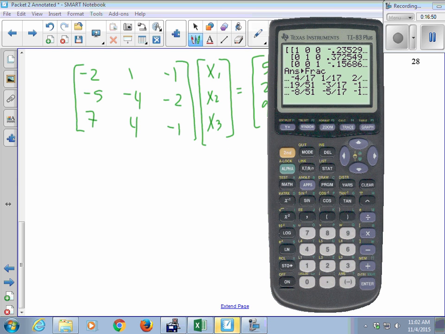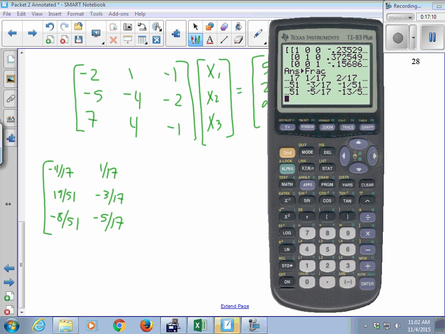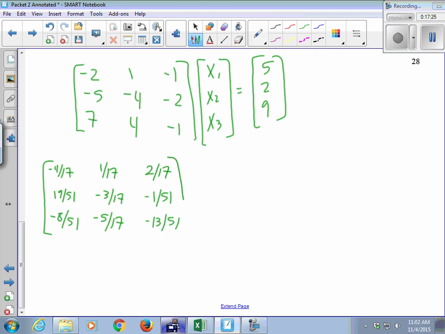Okay, so my inverse matrix is this ugly thing: -4/17, 19 over 51, -8 over 51, 1/17, -3/17, -5/17, 2/17, -1 over 51, -13 over 51. All right, so that's my inverse matrix.